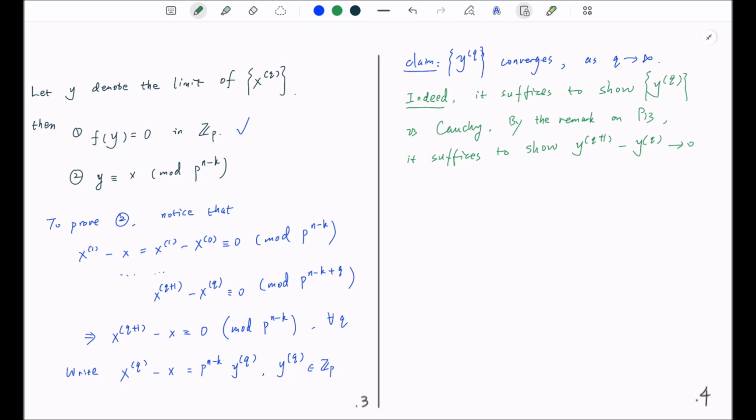To this end, we're going to look at this equation and observe that this power of p is injective on Zp.